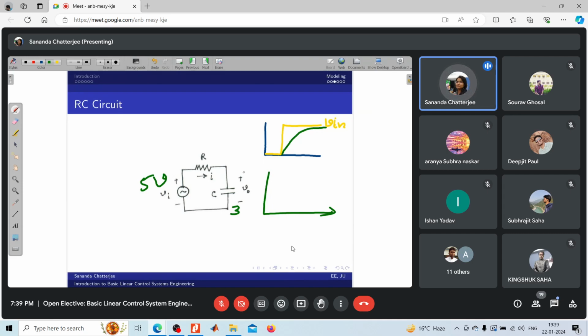The basic element is an energy storing element, and the voltage here, V0, will actually be 1 by C into the charge stored in the system. The charge stored is the current in the circuit times dt, integrated. This is the relationship.